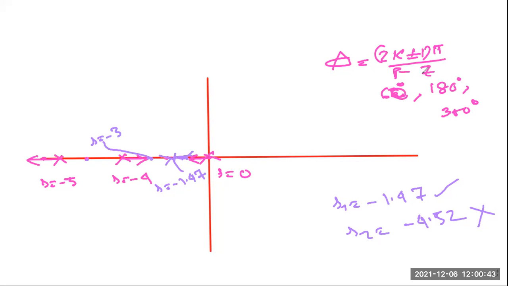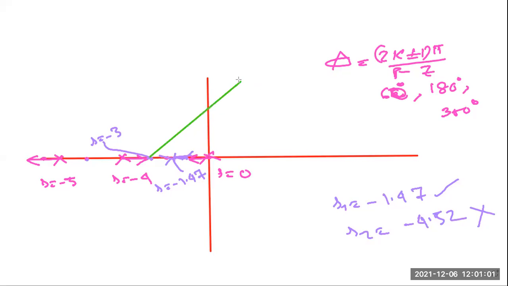Now you have calculated the angles of asymptote as 60 degree, 180 degree, and 300 degree. So from the centroid, we have to draw a 60 degree line.